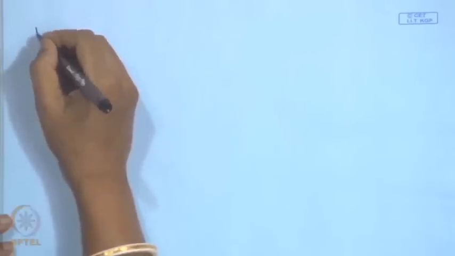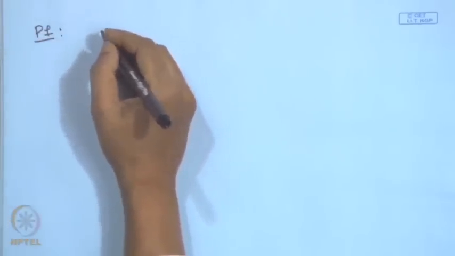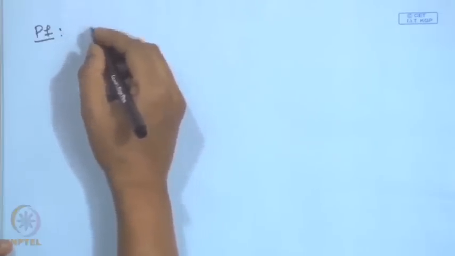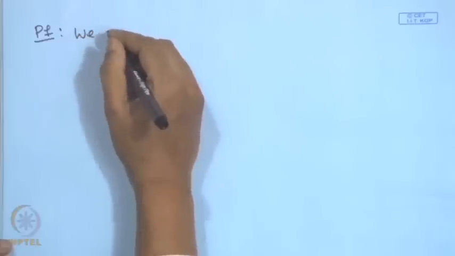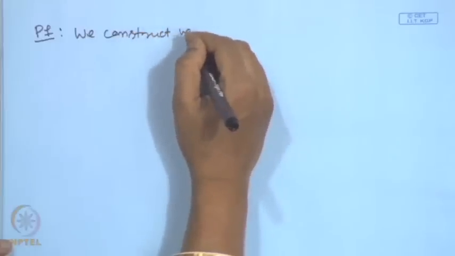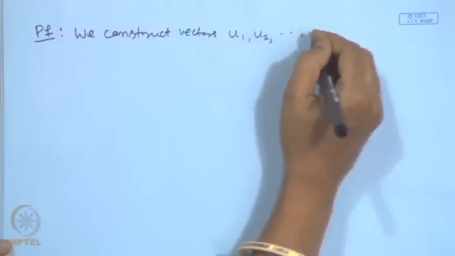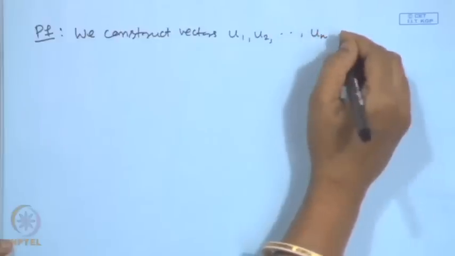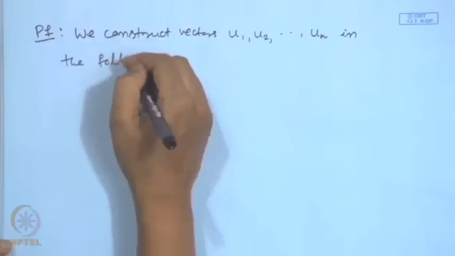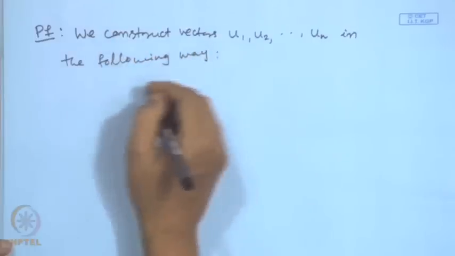So, while proving this theorem, we use this Gram-Schmidt orthogonalization process. We construct the vectors u1, u2 to un in the following way, which we write stepwise.